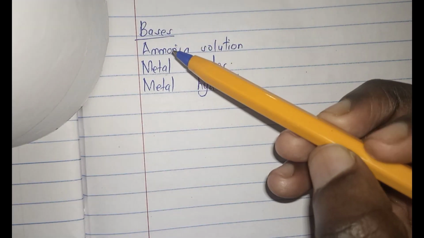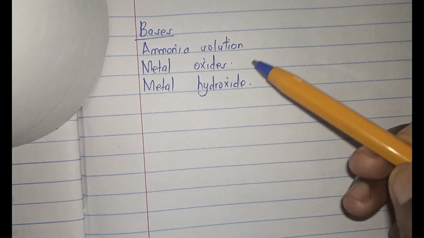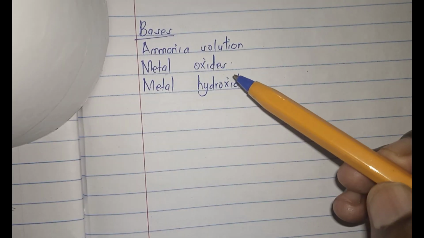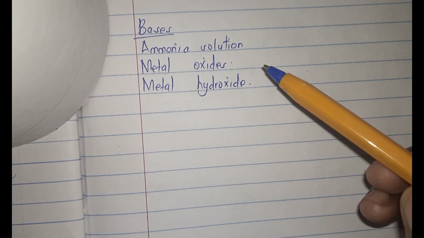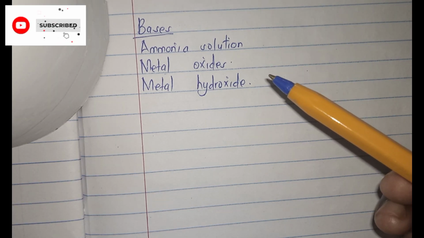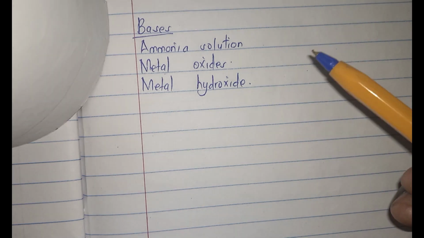So when I am reacting ammonia solution with an acid, either of the acids, I will get a salt plus water. When I am reacting metal oxide plus any of the acids, maybe sulfuric acid, nitric acid, hydrochloric acid, carbonic acid, I will get a salt and water as the only product formed.